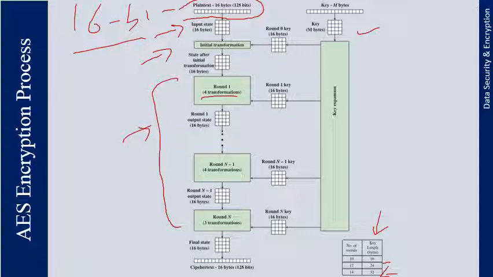However, in the final round there are 3 transformations. Then we get a final state of 16 bytes in a 4 by 4 grid, which is converted into a 16 byte or 128 bit sequence of ciphertext.